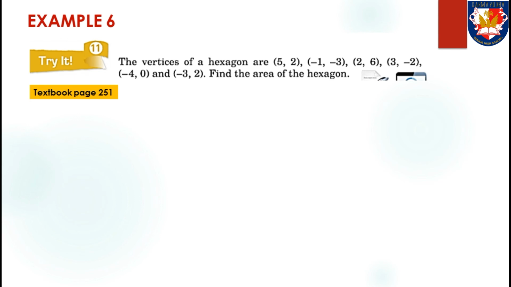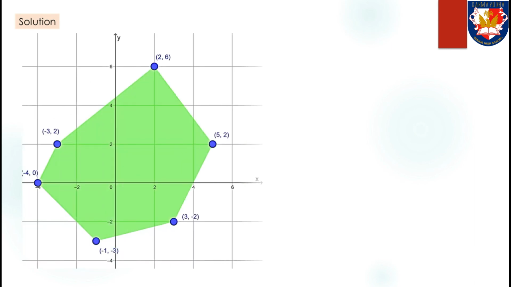Example 6. The vertices of a hexagon are (5, 2), (-1, -3), (2, 6), (3, -2), (-4, 0), and (-3, 2). Find the area of the hexagon. Solution. Firstly, we have to sketch the hexagon in the coordinate system. Here is the hexagon. We can choose any point as the starting point in the formula of the area.